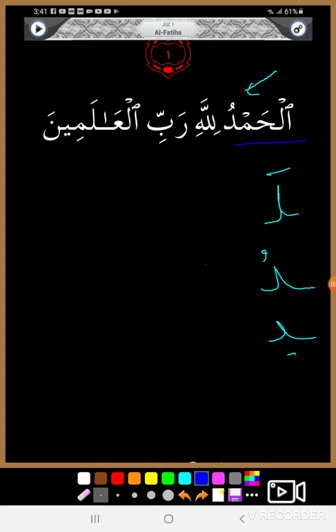After the alhamdu, we have a letter that you know by now is a lam. See how we write it? And it's ready to connect to another letter, which happens to be another lam. So I have two lam that come after each other. But you remember what we call the horizontal three.